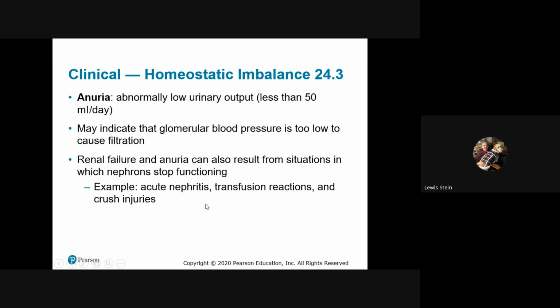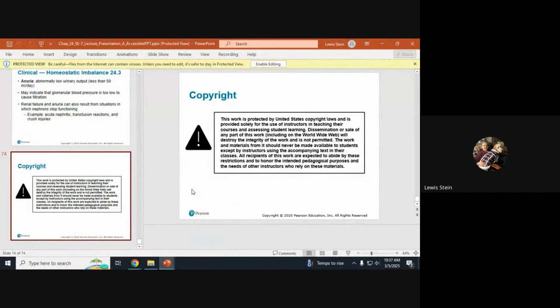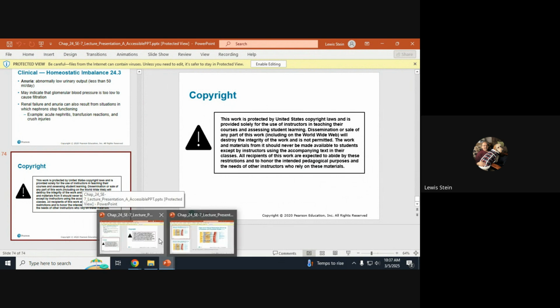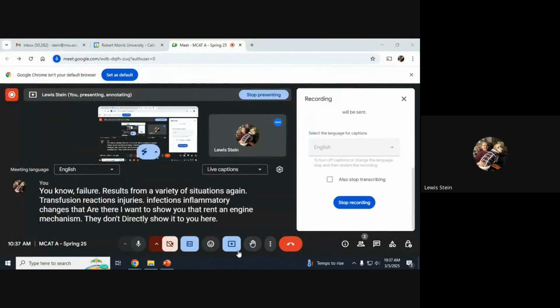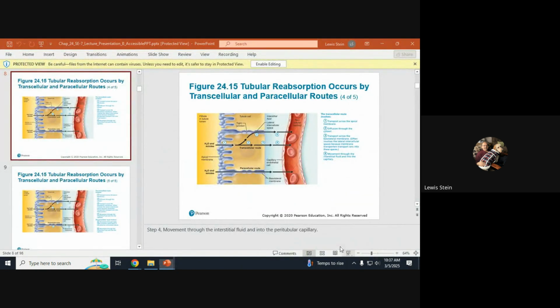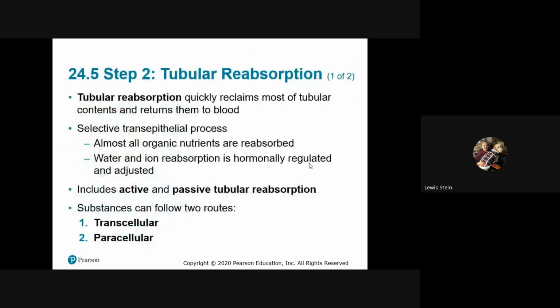Again, transfusion reactions, injuries, infections, inflammatory changes, etc. I wanted to show you that renin-angiotensin mechanism, if they don't directly show it to you here. Back to the top. Just to make sure you're familiar with it.